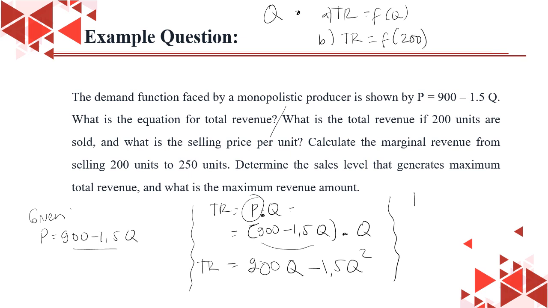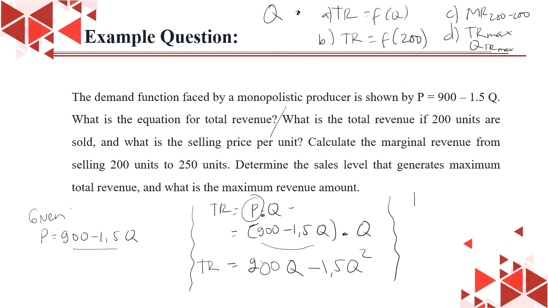Calculate the marginal revenue selling from 200 units to 250 units. C, marginal revenue from 250. Determine the sales level that generates maximum total revenue, and what is the maximum revenue amount. So TR max and Q at TR max.